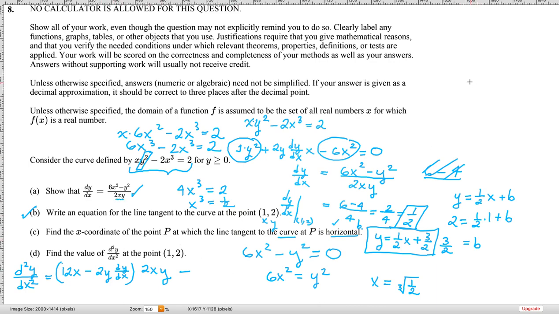You have to do product rule. 2xy, the derivative of 2x is just 2 times y, plus the derivative of y is dy/dx times 2x. And that goes right here. You're going to get 2y plus 2x dy/dx times the top.